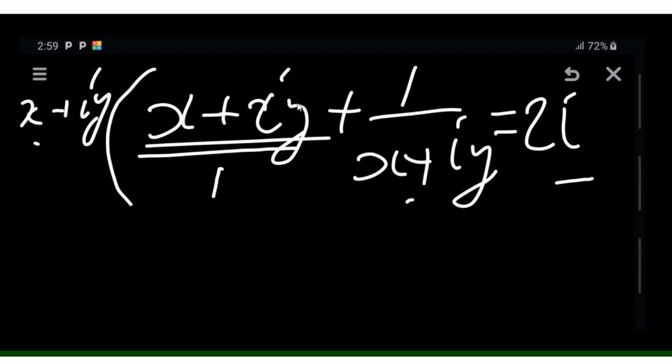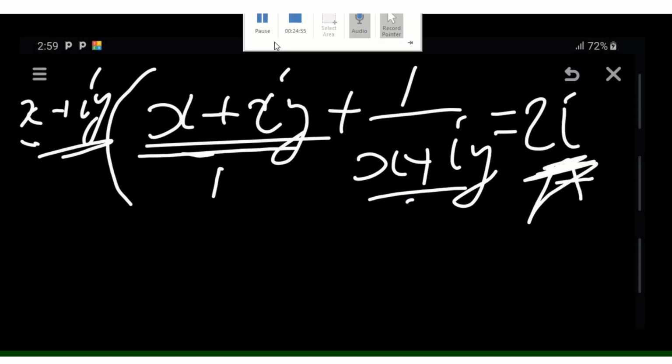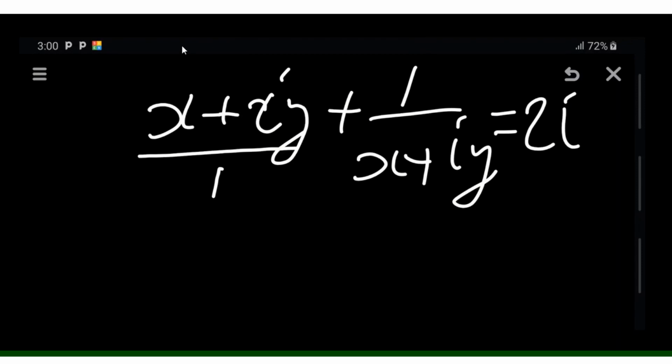When it multiplies, here it will cancel with this, and you remain with this times this plus 1. Right, let's find the common denominator.